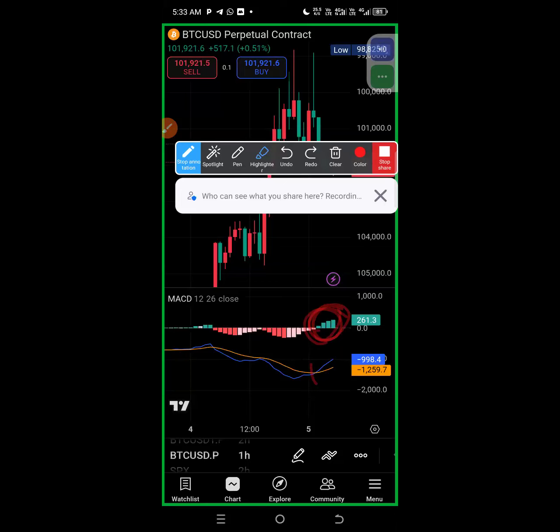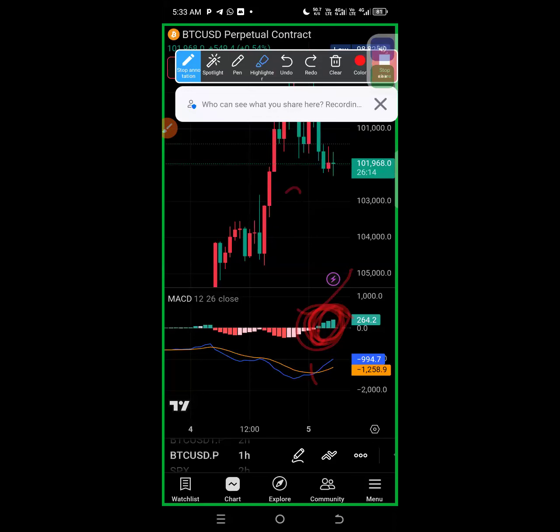So the bullish momentum is still weak. But if the histogram crosses above the zero line, and then also the MACD line crosses above the signal line, all happening above the zero line, this gives an indication that it is strong bullish momentum.